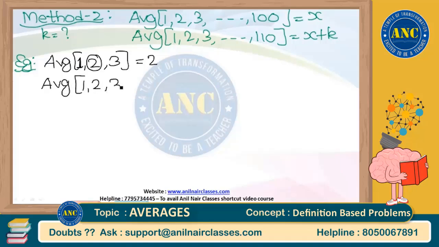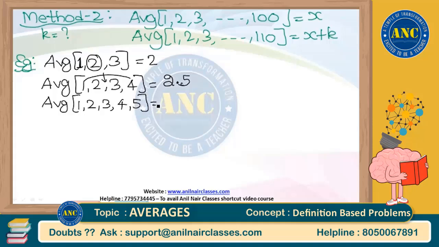It becomes the average of 1, 2, 3, 4, which is the middle value 2.5, or first term plus last term by 2: 1 plus 4 is 5, 5 by 2 is 2.5. The original series had 3 terms, I increased by one term, and I got the average 2.5. I will increase this series by another term: 1, 2, 3, 4, 5. What is the average? The middle value is 3.